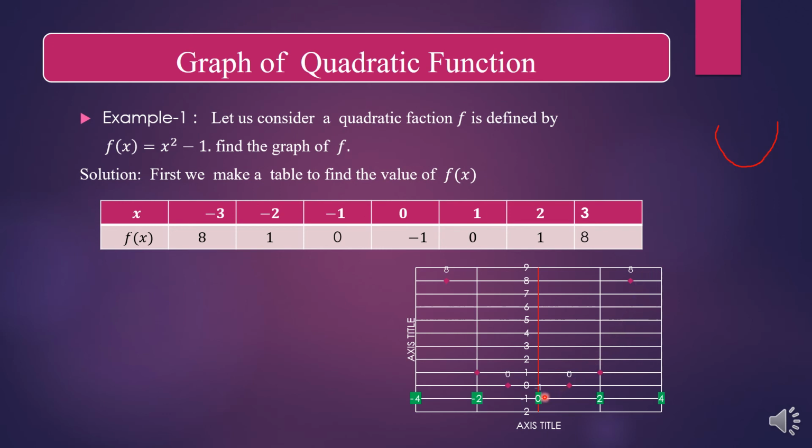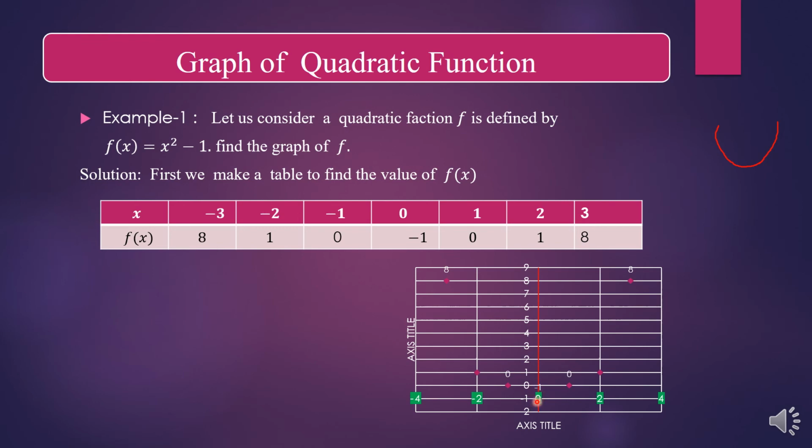So now we will draw the graph of the parabola on the graph paper here. I have made this graph to help you understand. Look here, the green line shows the x-axis, and this red line is for the y-axis.